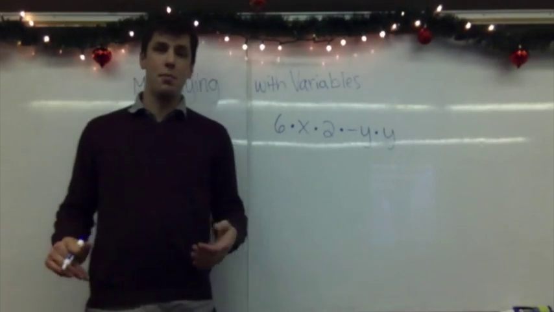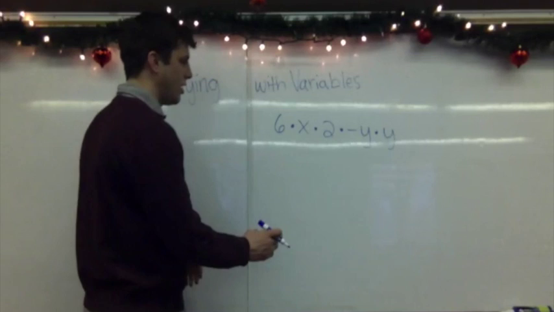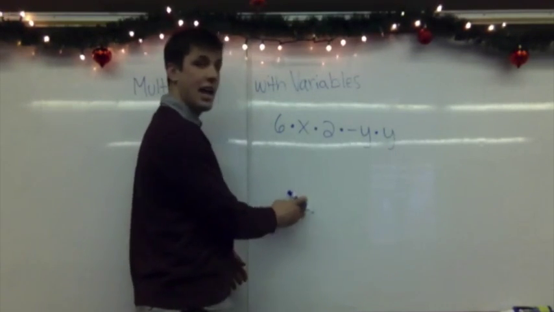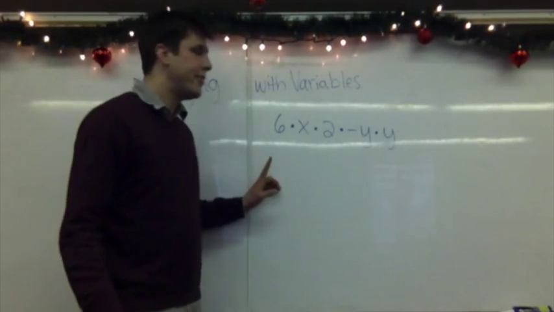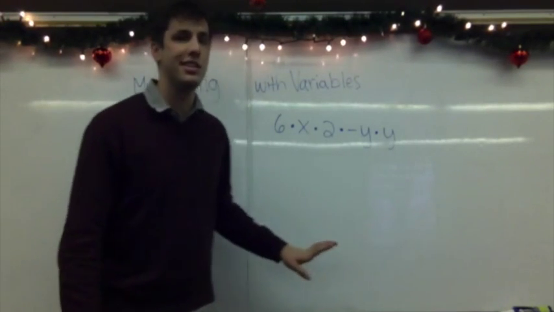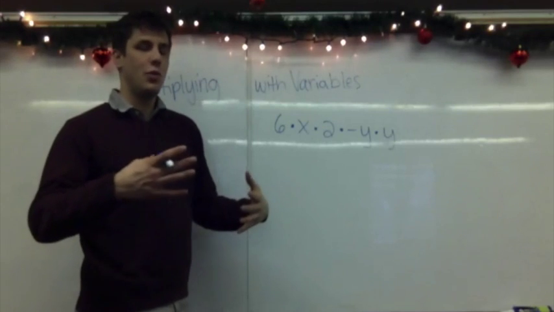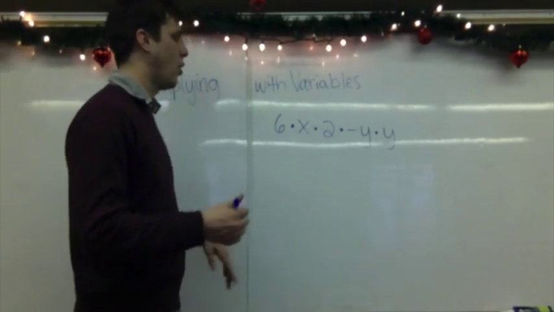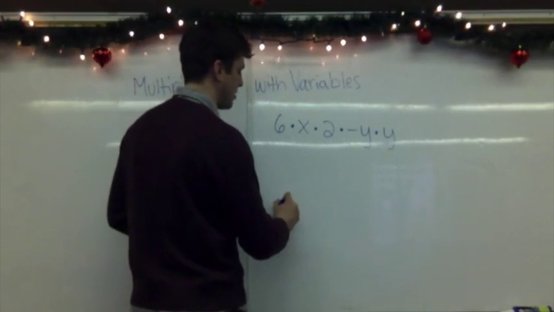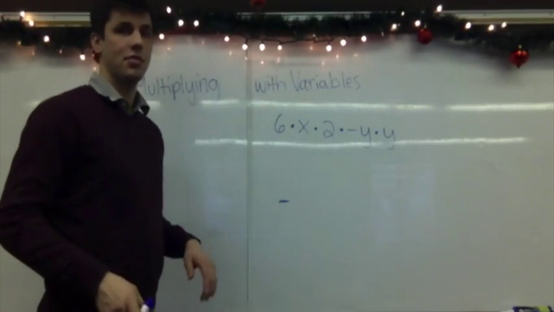Here's the order that you want to put it in. First, you want to do the negative or positive signs. And so, like the last lesson, you want to look for negatives throughout this equation and say, what is the answer going to be? What is the whole term going to be? There's one negative, so the whole term is going to be negative. That's because it's an odd number of negatives.